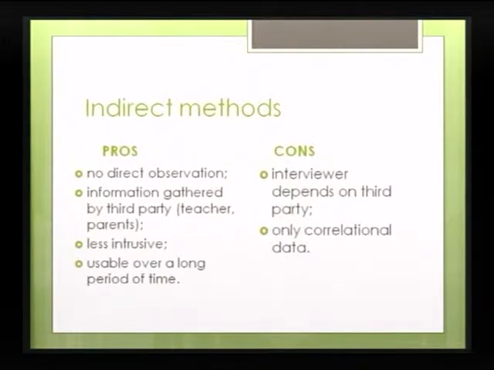The idea behind this method is that it does not require direct observation, so it's easier than direct methods and less intrusive, because you already know your student and you do not need to observe the student during the unwanted behavior. And obviously this is usable over a long period of time.